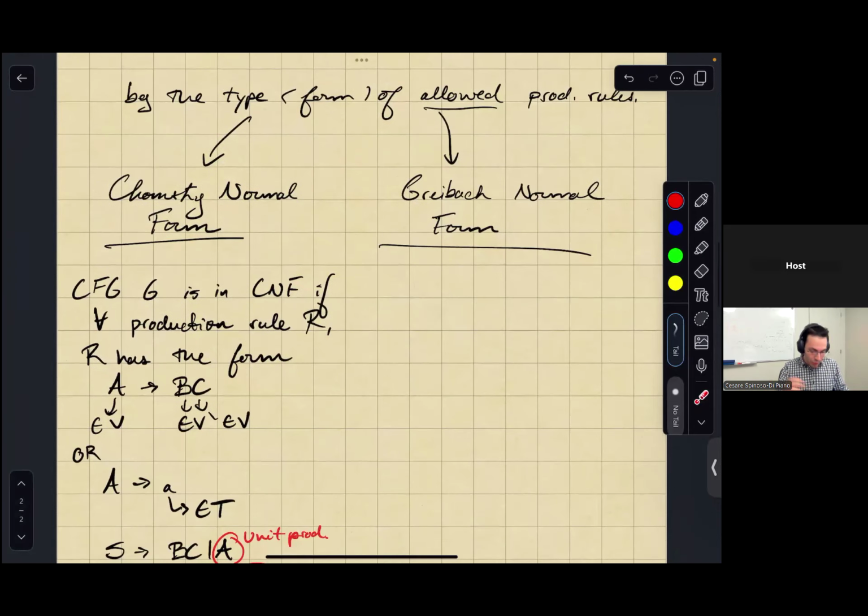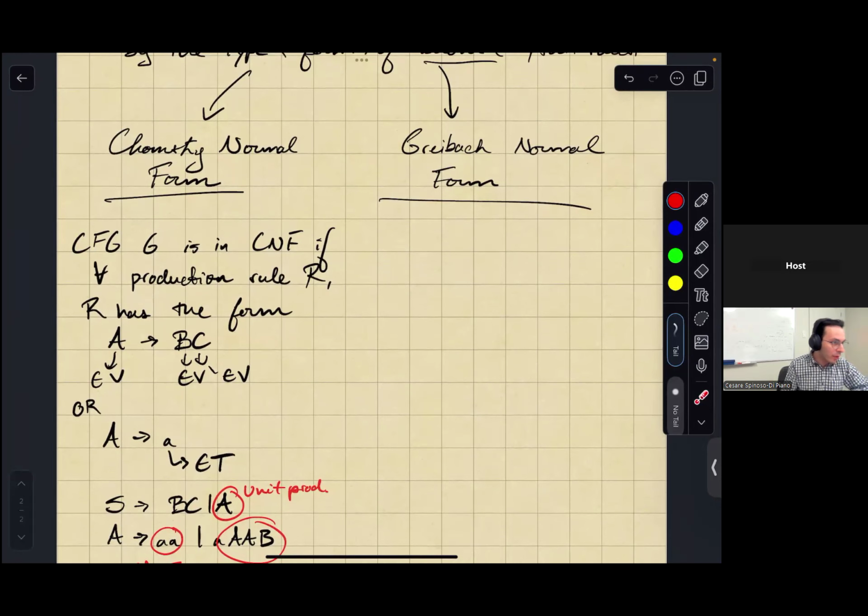There's also, I'll just talk about this very briefly, Greibach normal form.